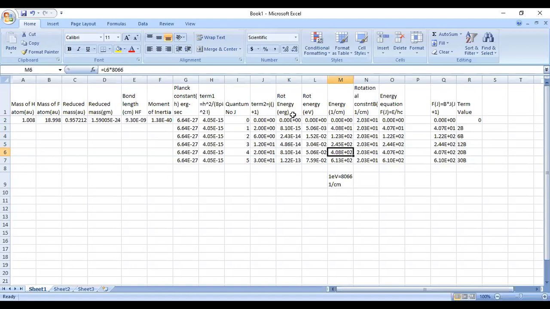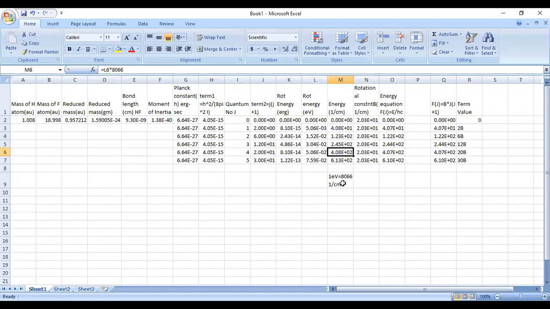These are the various rotational energies corresponding to each quantum state. I calculated in erg, in electron volt, and in centimeter inverse. You can also calculate it in meter inverse. First you calculate the energy in electron volt, and then you convert the energy into the wave number unit.